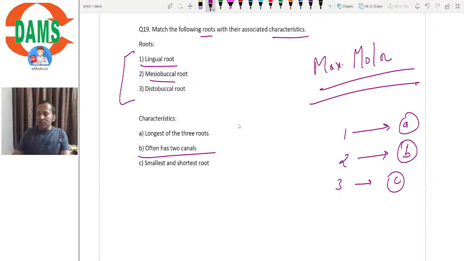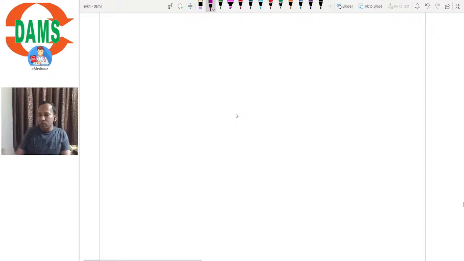Can you tell me which is the largest root? अगर क्वेश्चन सिंपल ऐसा ही हो, which is the largest root?